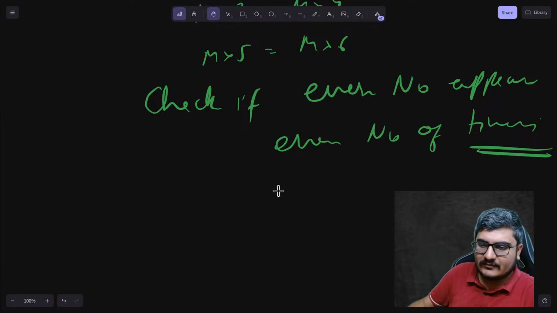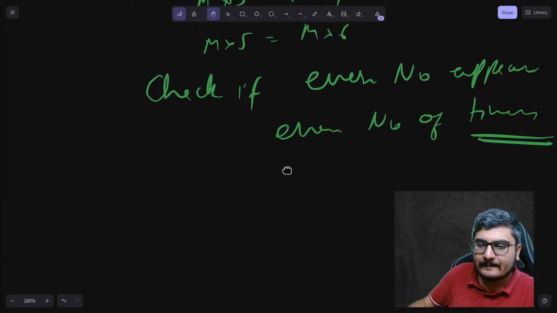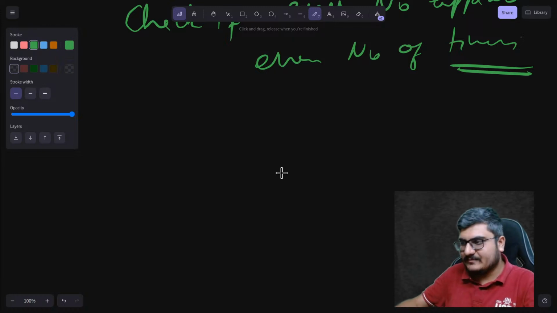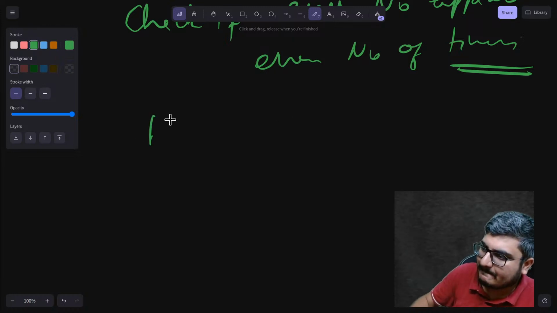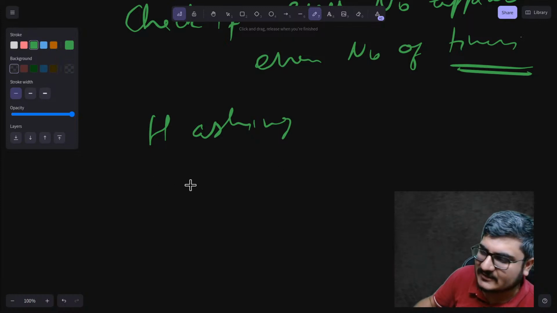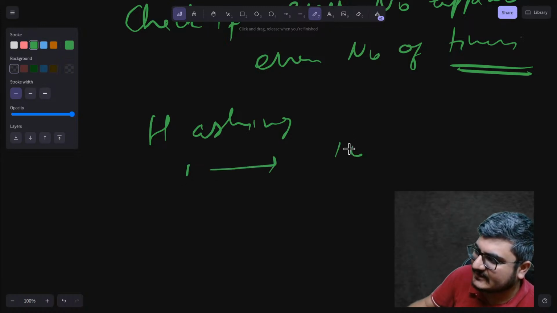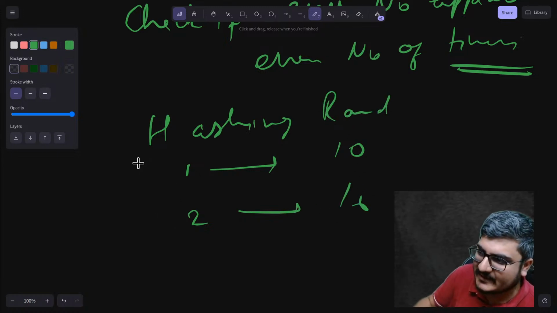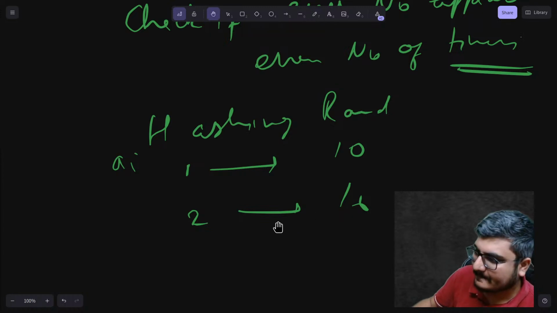And we don't really need Moore's algorithm here. The idea is that we can use some hashing here. My idea is that for each number in the input, I will assign a random integer. Let's say we have 1, I assign something random, let's say 10. There is 2, I assign something random like 16. For each value in the input A[i], I will assign something random.